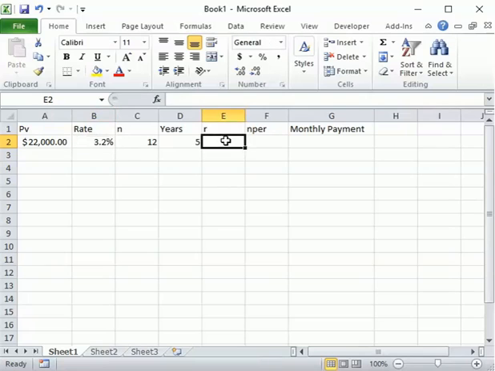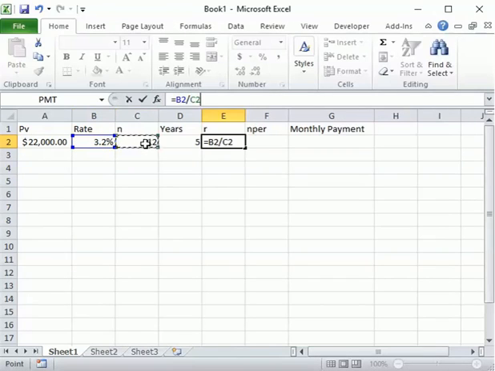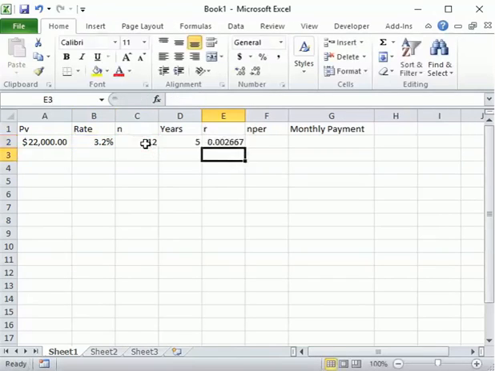Either I need to do that before I enter stuff into my payment function, or I can do it in the payment function itself. If we're going to do that beforehand, I'm taking my rate right here divided by the number of periods in the year, and that gives me the actual rate I'm going to use in my payment function that we're working with.